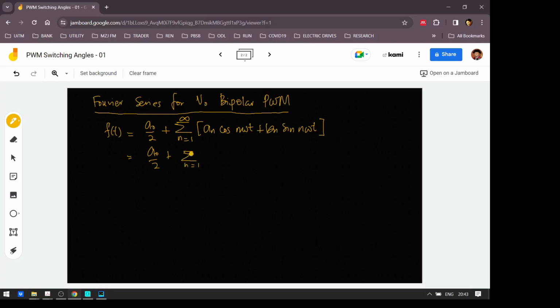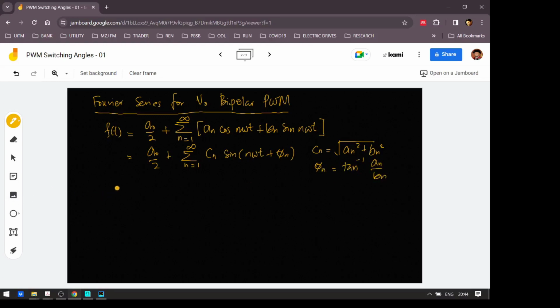So we have n equals 1 to infinity, cn sine n omega t plus vn, and we know cn equals the square root of an squared plus bn squared, and we can also find the angle vn, which is the inverse tangent of an over bn.